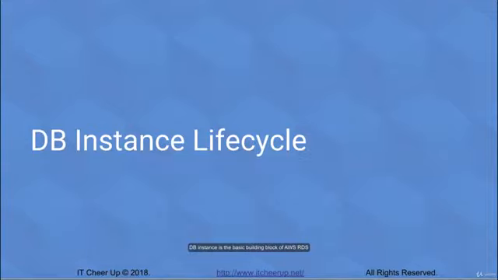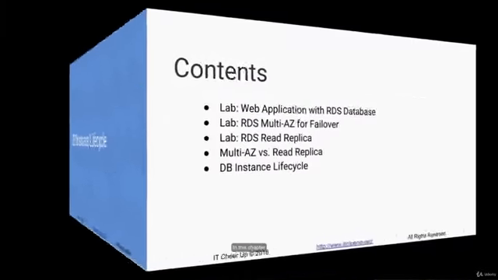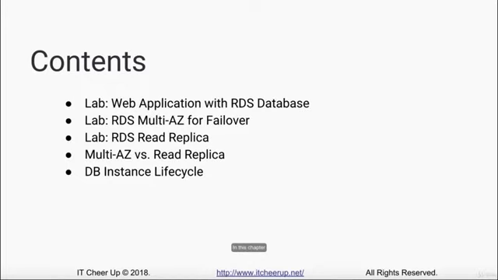DB instance is the basic building block of AWS RDS. In this chapter, we will take a deep look at the DB instance life cycle. We will do 3 laboratories together: create a web application with an RDS database in a VPC, simulate RDS multi-AZ for failover, and conduct RDS read replica.